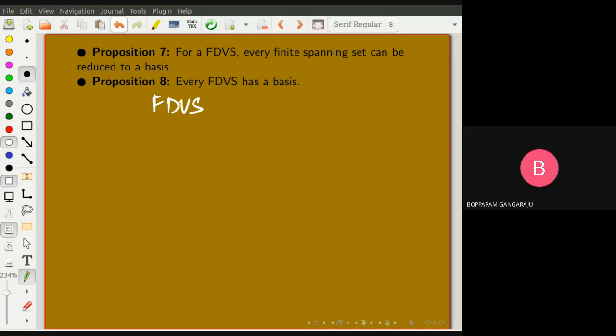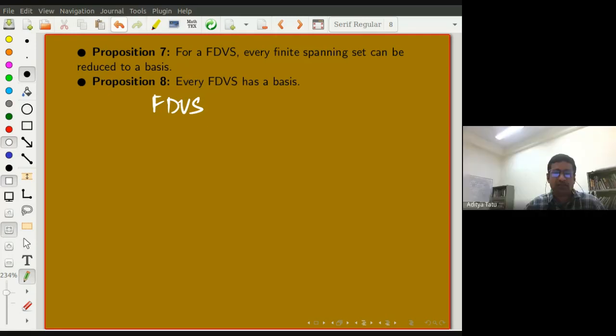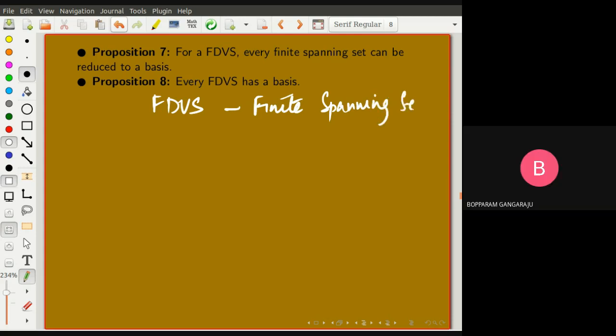It has a finite spanning set. And then from proposition 7, this can be reduced to a finite basis exactly. So that is proposition number 8.